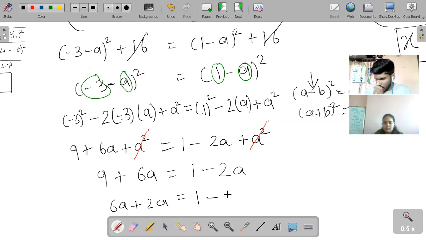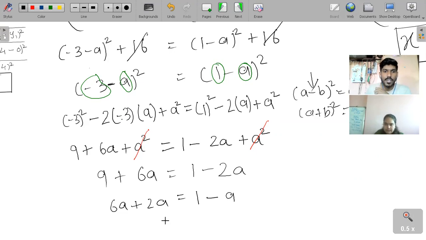How much is 6a plus 2a? 8a. And 1 minus 9? Minus 8.